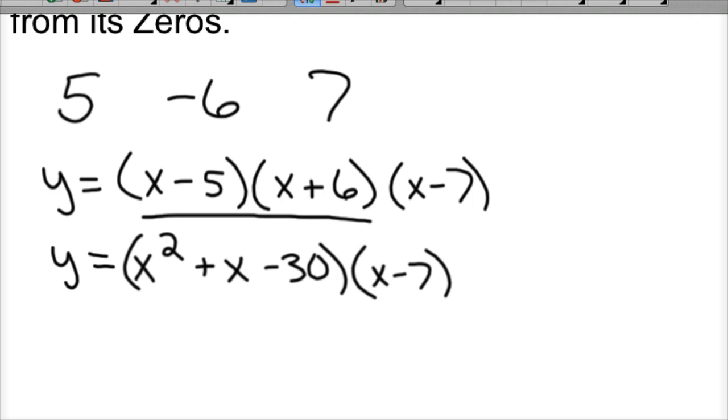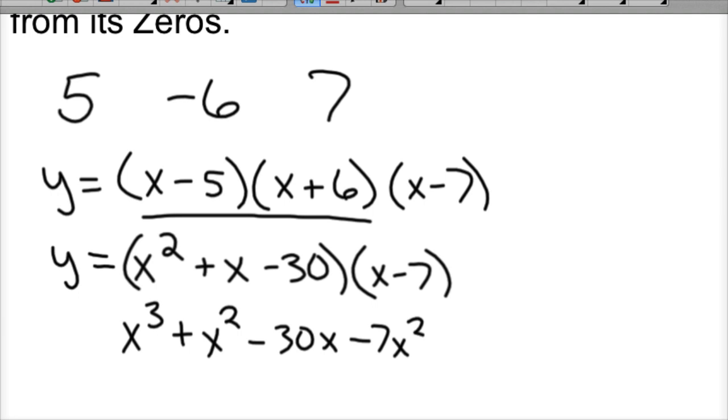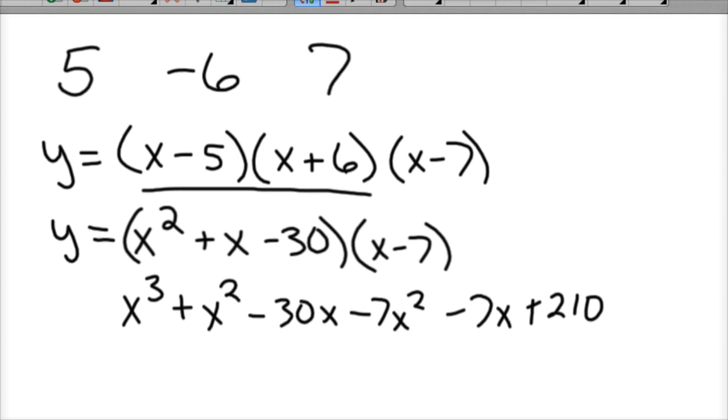And then I would distribute the x minus 7 through both, which would be x to the 3rd. I'll spend a little more time on this one. Plus x squared minus 30x minus 7x squared minus 7x plus 210. And so here you'd have your function.